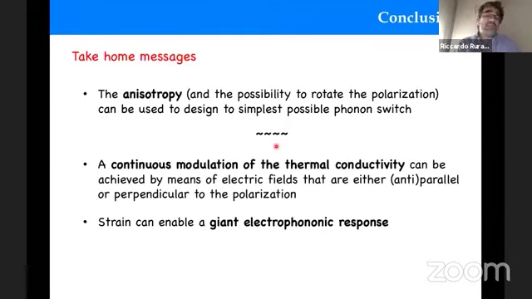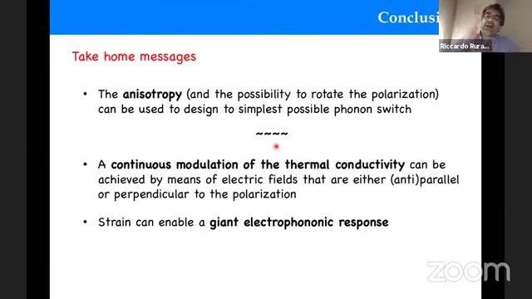In the middle, in just one single slide, I showed that there is a much easier way to design a thermal switch, just taking advantage of the anisotropy of the material and the possibility to rotate the polarization. And finally, I moved my attention to a continuous modulation of thermal conductivity. So not this up and down. In the first part, I was dealing with a switch, a digital transistor with on-off, or 1-0.